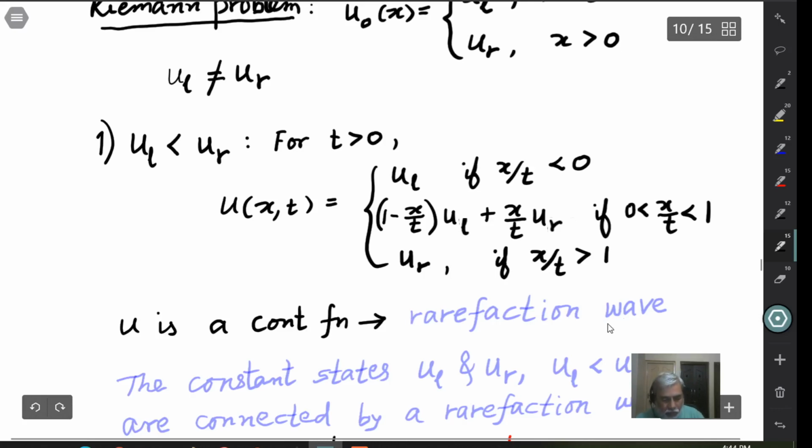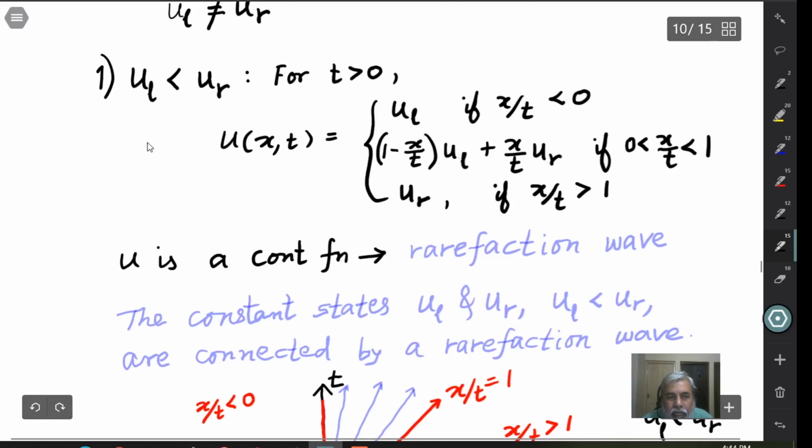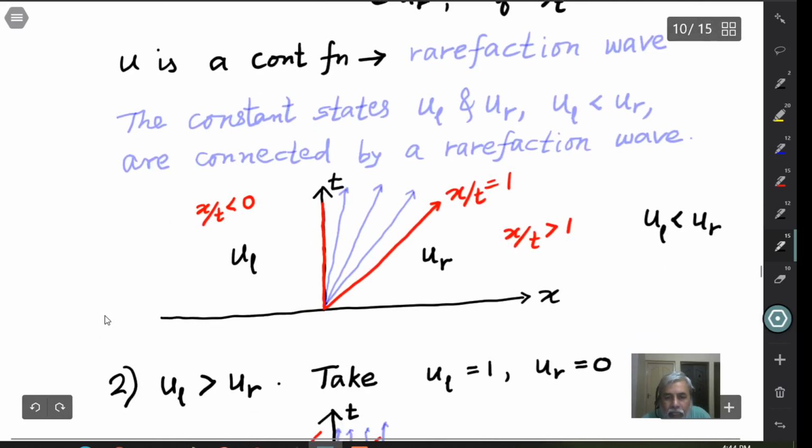I was talking about terminologies, so this is one terminology. Such a solution is referred to as a rarefaction wave, and we say that the constant states ul and ur, when ul is less than ur, are connected by a rarefaction wave. Here, in the xt plane, we depict the characteristics.